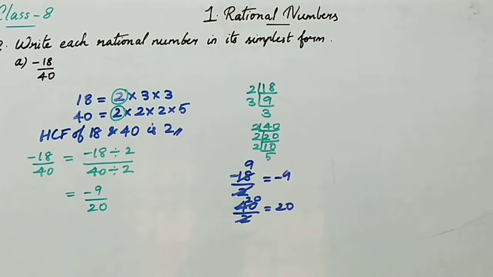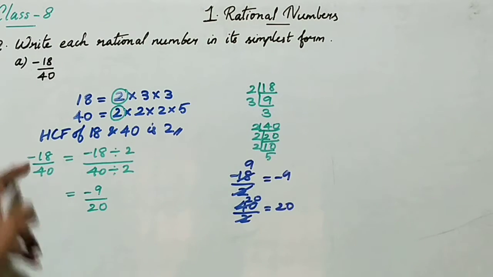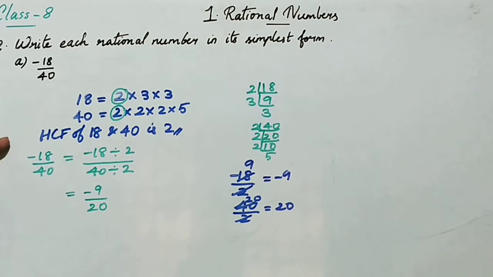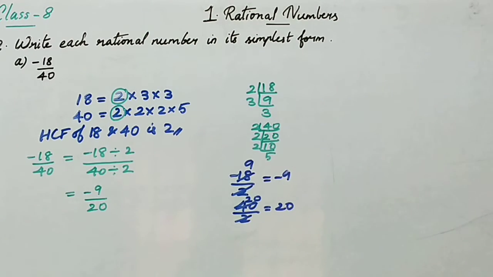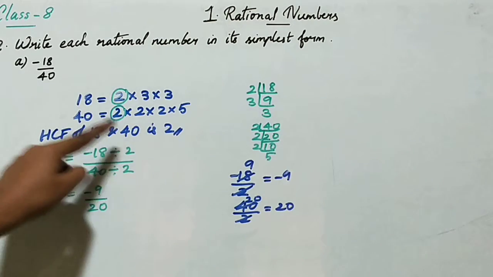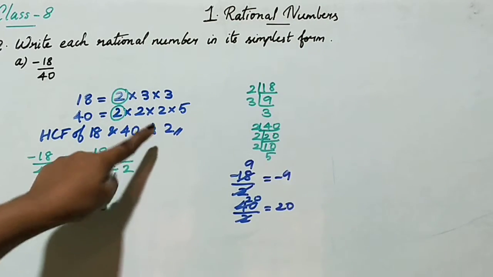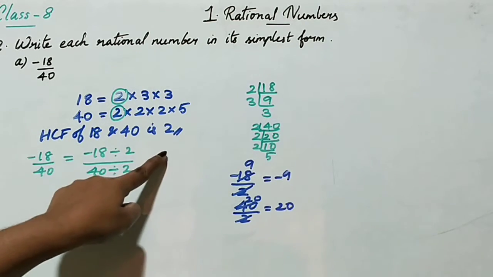Okay. Whether this can be cancelled further, whether I can simplify this again? No, it is not possible. So this is the simplest form of minus 18 by 40. So what is the simplest form? First thing is I need to find the HCF of the numerator and denominator. Okay. I got the HCF. After that, I need to divide the numerator with the HCF and denominator with HCF.